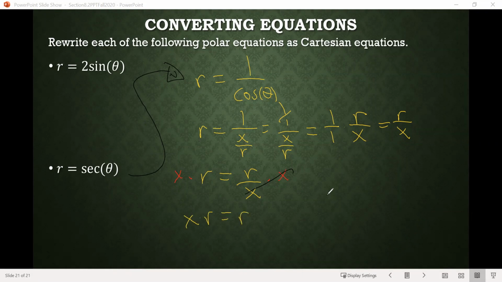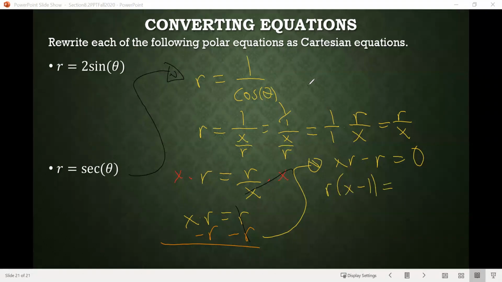We can again follow the same process we've done before. We're not just going to divide out r, we'll subtract r on both sides. So when we do that, these cancel, and we end up with x times r minus r equals 0, which we can then factor out the r, giving us r times x minus 1 equals 0.